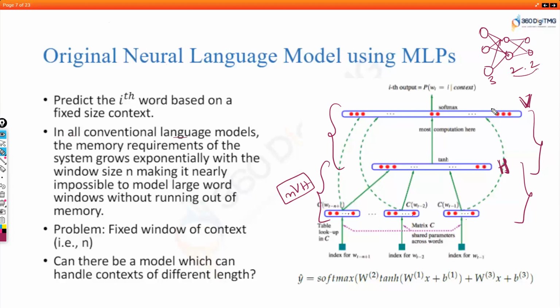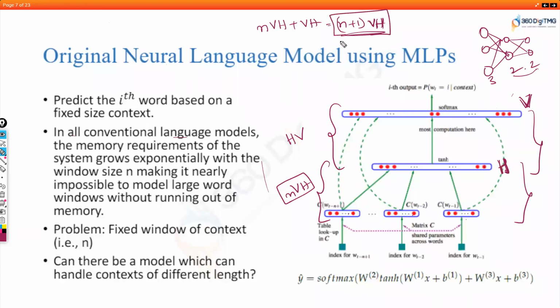In that way, the number of connections here would be H into V. So the number of weights or parameters that your model is going to learn is NVH plus VH. This can be written as N plus 1 into VH. So the number of words you have, plus 1, into V into H, those many parameters your model has to learn.